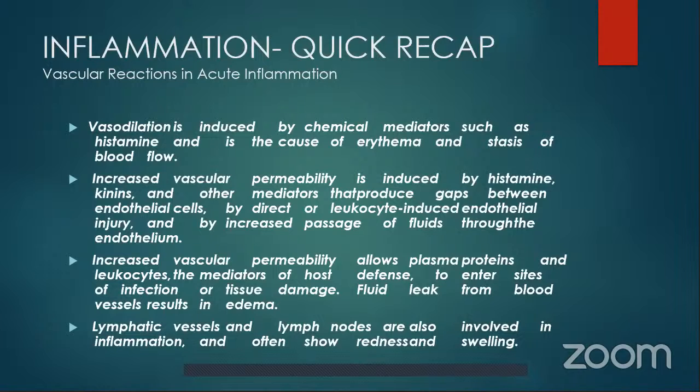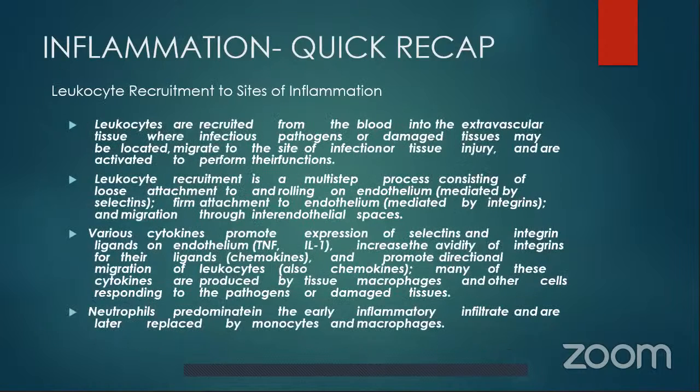Then there were lymphatic vessels and lymph nodes, which are also involved in inflammation, and they often show redness and swelling. We also learned about the leukocyte recruitment to the site of inflammation, how it happens. From the blood vessel, the leukocytes will move towards the site of injury by a multi-step process which has rolling and attachment.